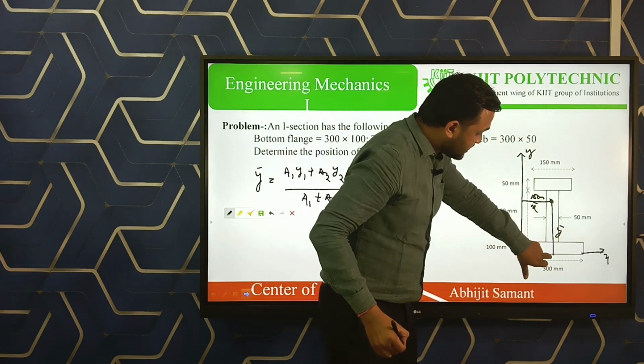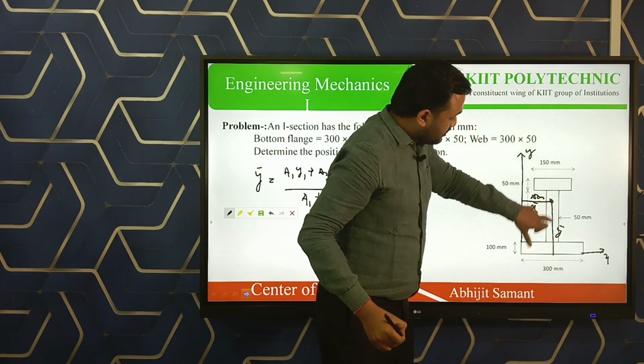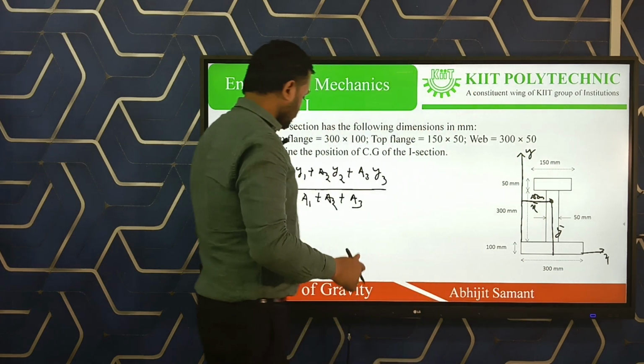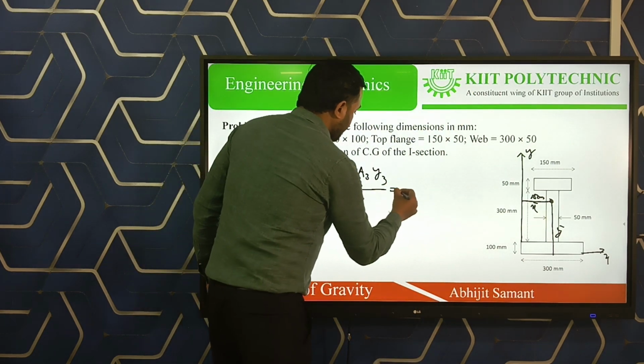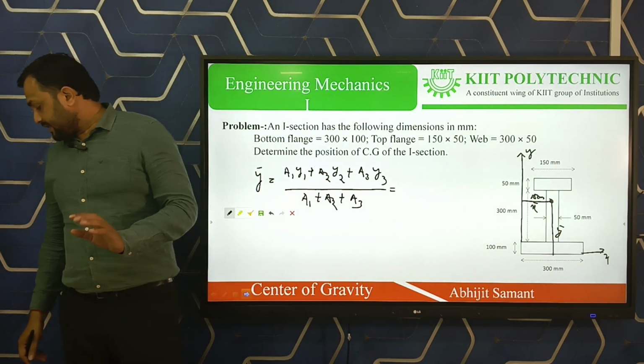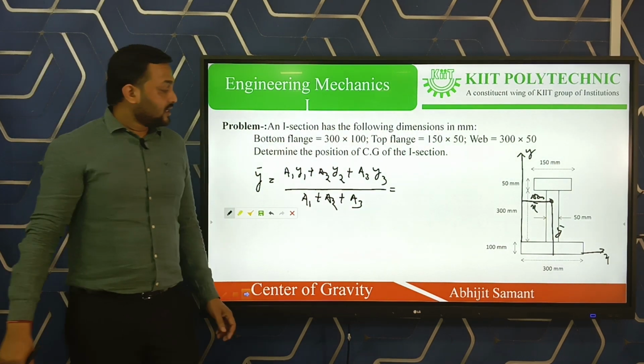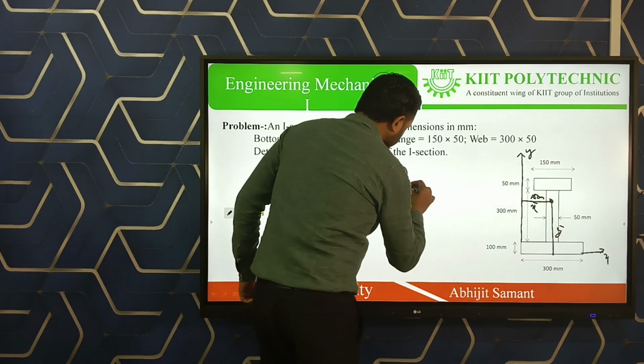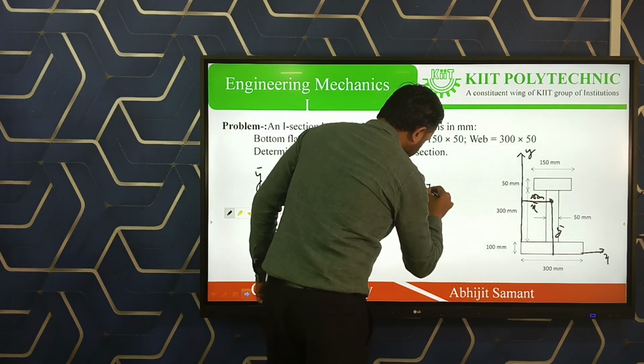So what is the distance of this point from the x axis? By putting in the values, we determine the distance is 160.7 mm.